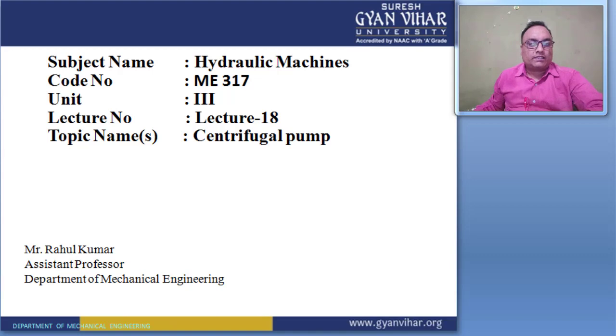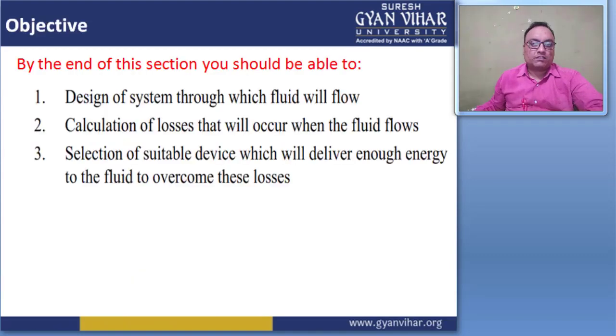So let's start with the centrifugal pump objectives. The student should be able to understand the design of a system through which fluid flows, the calculation of losses that will occur when the fluid flows, and the selection of a suitable device which will deliver enough energy to the fluid to overcome these losses.